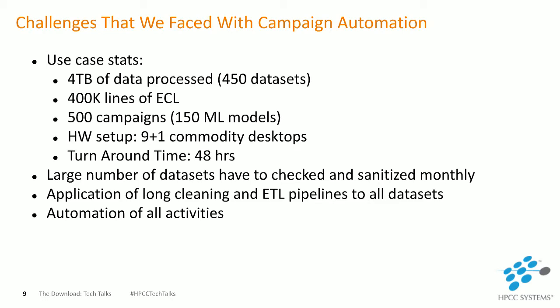There's around 4 TB of historical data and around 1 TB of data that gets refreshed every month. In this process, you have a large number of ECL scripts, and each data set is different, but you still need to perform X number of checks on each of those data sets.